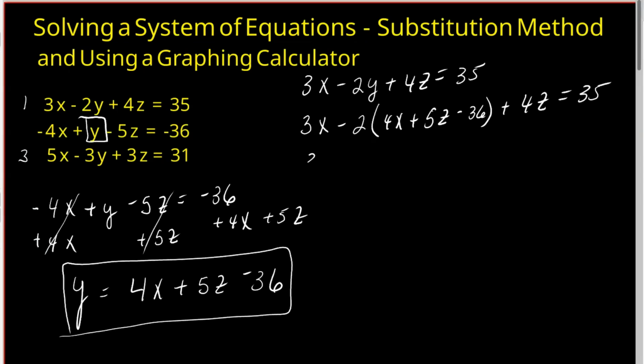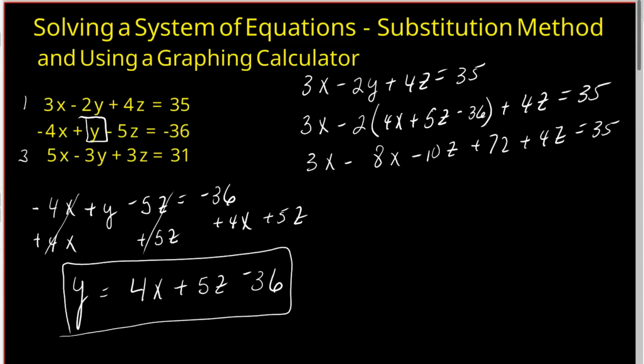Let's distribute. So it'll be 3x minus 8x minus 10z plus 72 plus 4z equals 35.